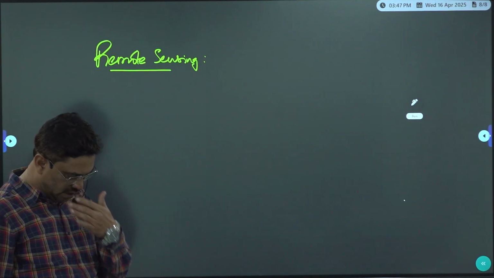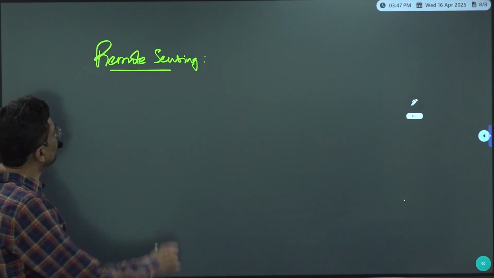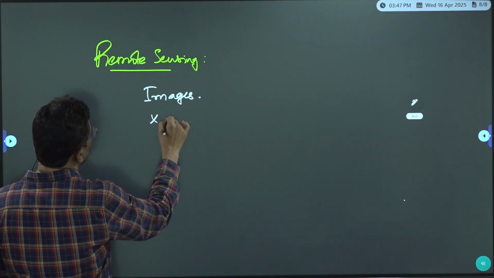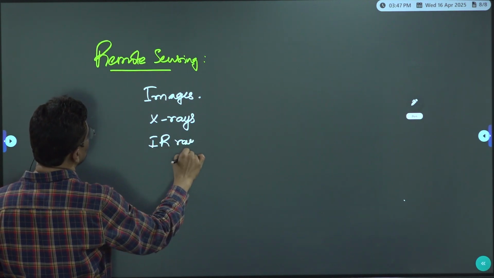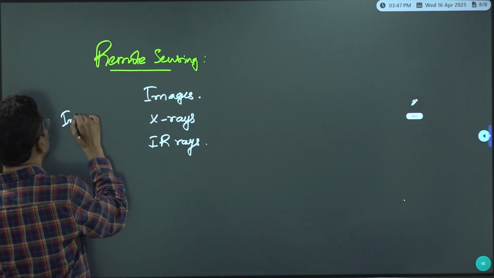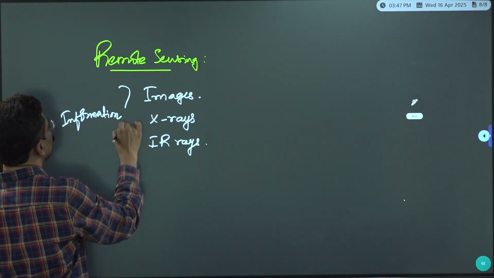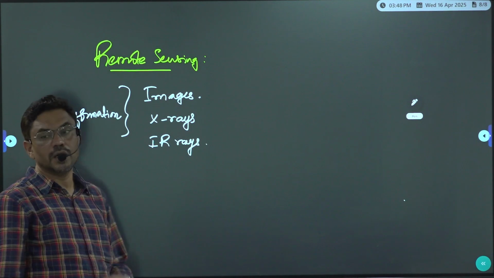This is called remote sensing. Here, the information can be captured in the form of images, X-rays, or infrared radiations.